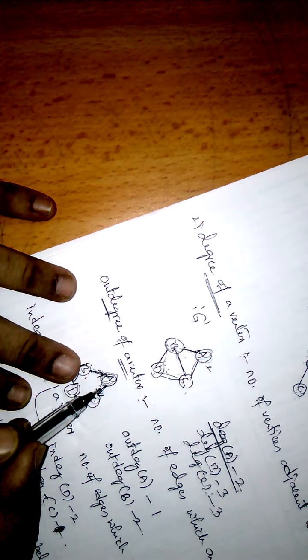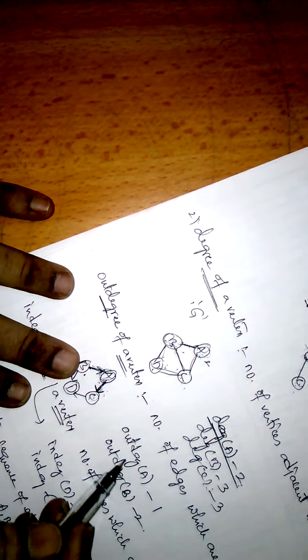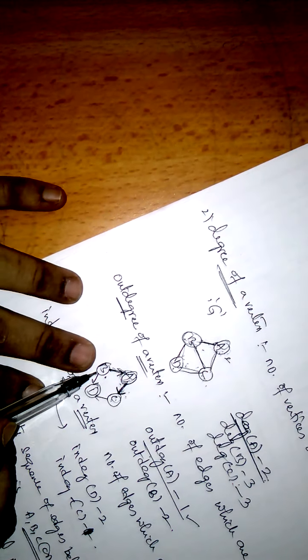Suppose you see this A. What is the out degree of this vertex? It has only two edges, only one is out. So the out degree of A is 1. What is the out degree of B?